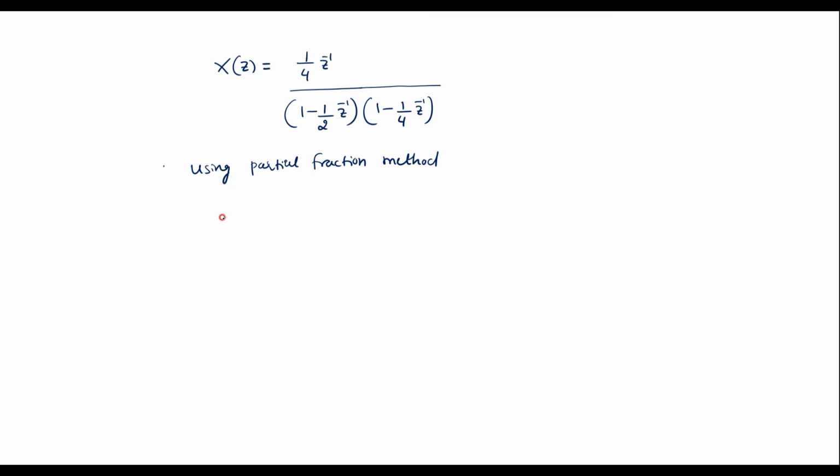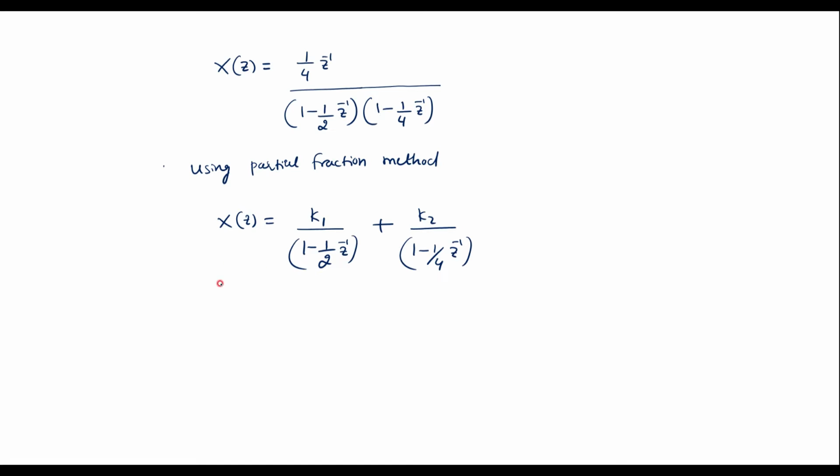So here I can represent x of z as constant k1 divided by 1 minus 1 by 2 z inverse, plus k2 divided by 1 minus 1 by 4 z inverse.